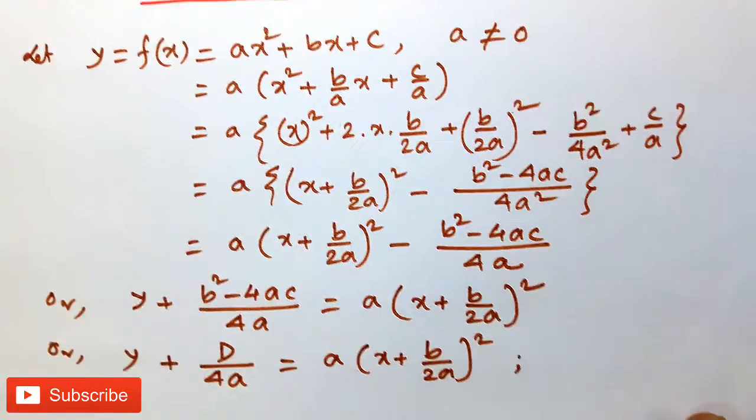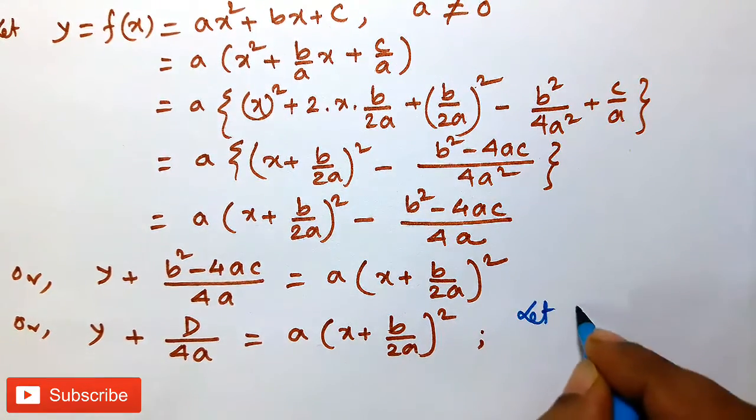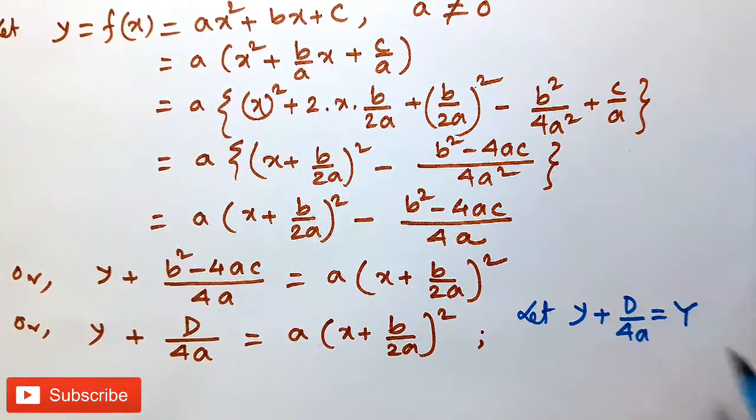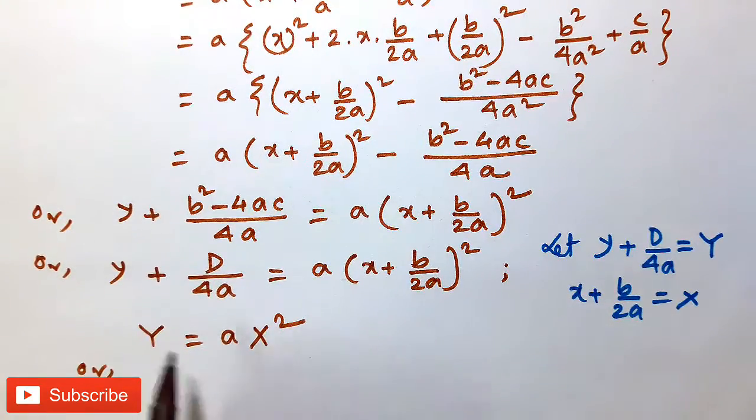Okay? Let we consider y plus D by 4a is equal to capital Y and x plus b by 2a is equal to capital X, such that if we replace this, we shall get capital Y is equal to a into capital X square, or X square is equal to Y upon a.